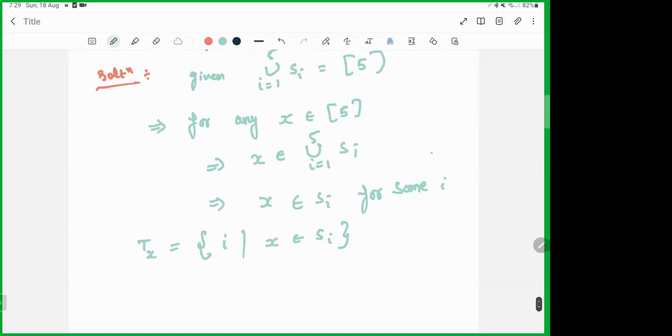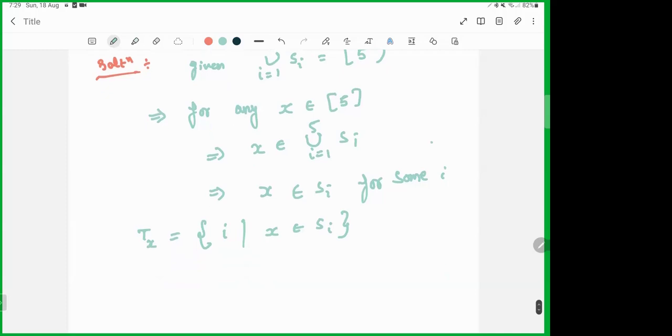Can you think now, what is this Tx possible? What is the possible size for Tx? What is the cardinality of Tx? Can you see something?